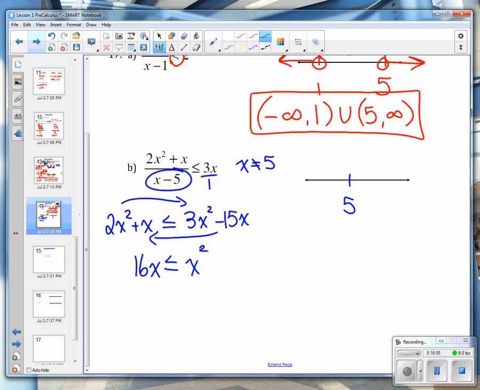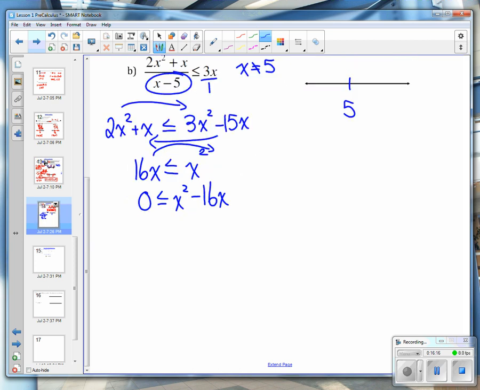So probably what I would do is bring that one back over, and we've got 0 less than or equal to x squared minus 16x. And this we can obviously factor out an x. And then we've got two solutions here. I've got x is equal to 0 and 16, because remember, we're solving this just like an equation.